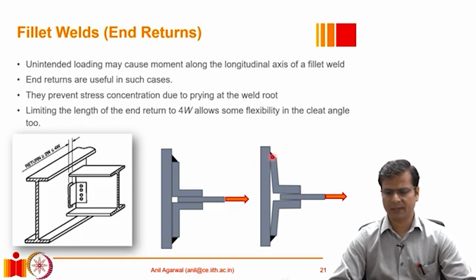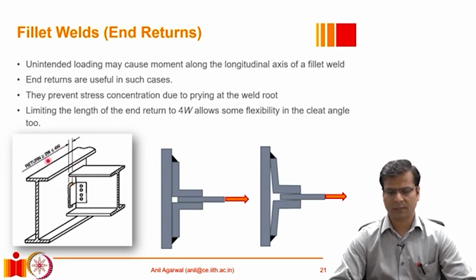So in order to prevent this kind of stress concentration, it is advisable to not terminate the weld before the edge or before the corner, but it is better to go around the corner slightly, by a distance which is at least 2 times the weld size and not more than 4 times the weld size.